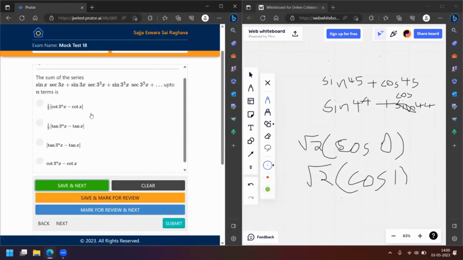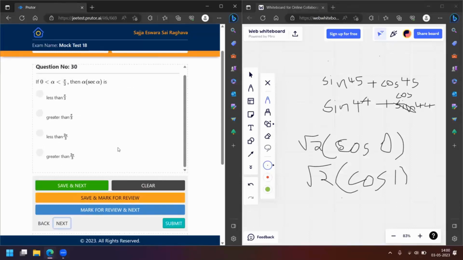Or you can select any points as 30 or 60, and you can select the value of n as something low like 1 or 2. So if you substitute and verify whether the first option is holding or the second option, you can find this quickly and you can choose the correct option.